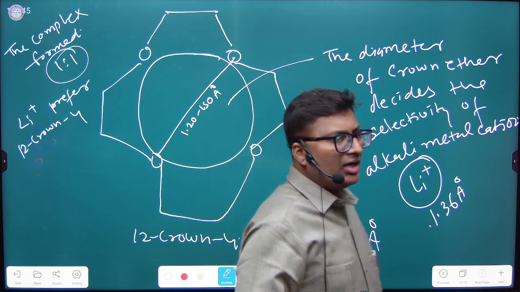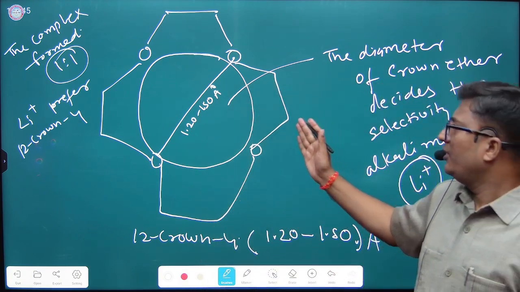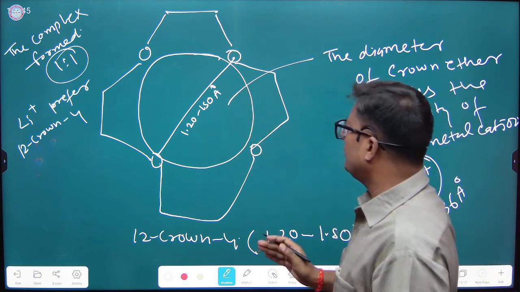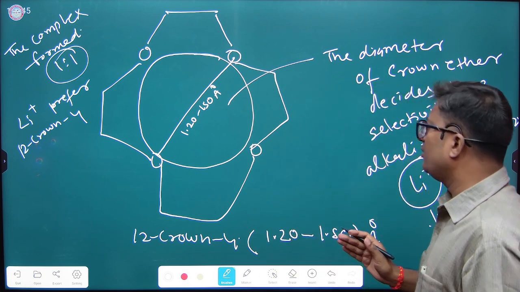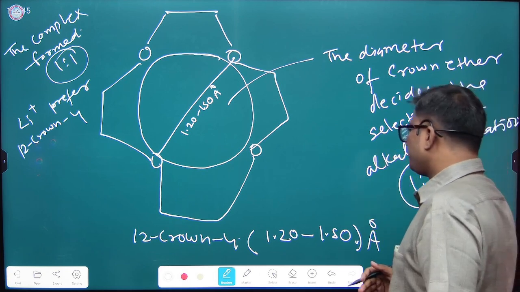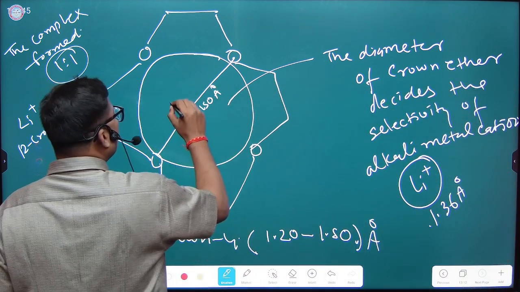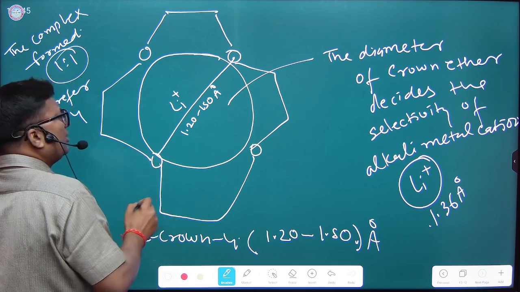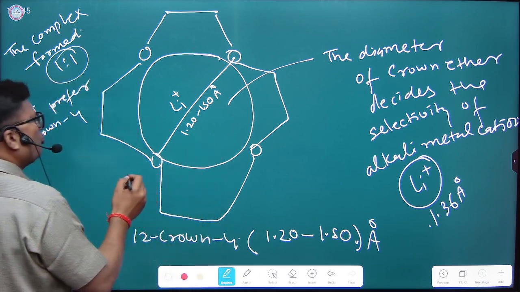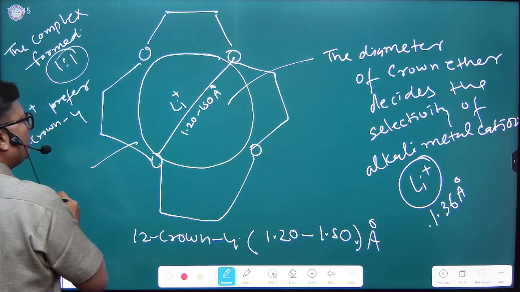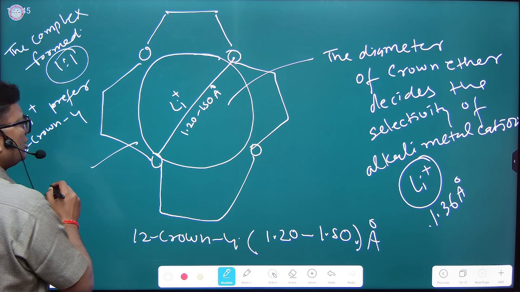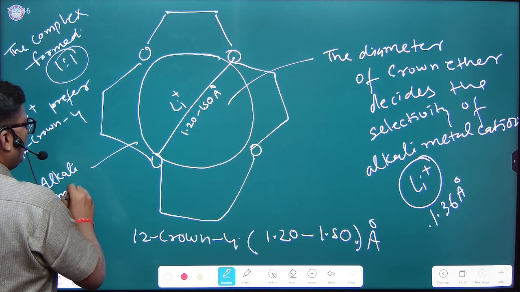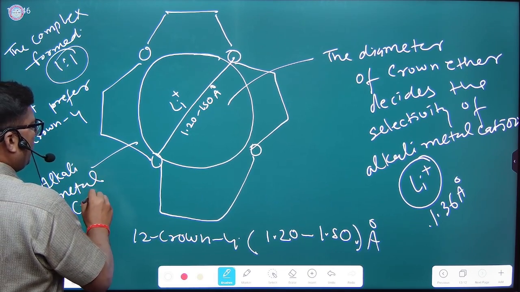If an alkali metal cation is fitted in the cavity of the macrocyclic ligand, then this is called an alkali metal crown ether complex. If lithium is situated in the cavity, right? Then the complex so formed is called an alkali metal crown ether complex.